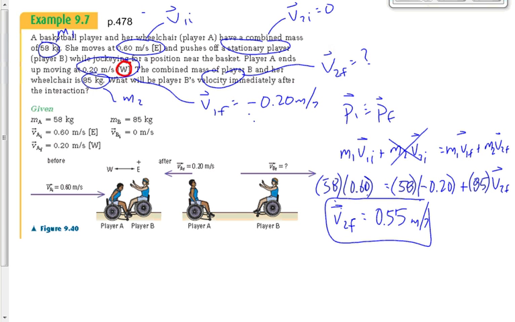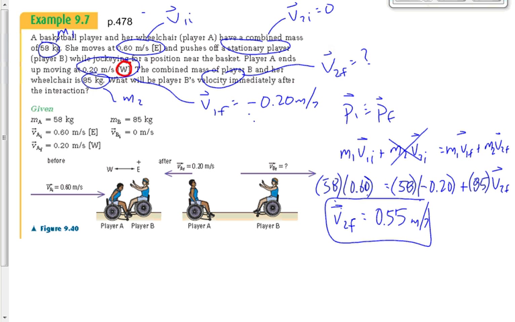Is that good? Exactly the same thing as we did in the first question, right? Except that we got an extra term here on the right-hand side. In the last question we had one term on the left-hand side and one term on the right-hand side. The algebra was a little bit easier. But even still, this is still grade 9 math. Once we get our numbers into the equation, it's grade 9 math.